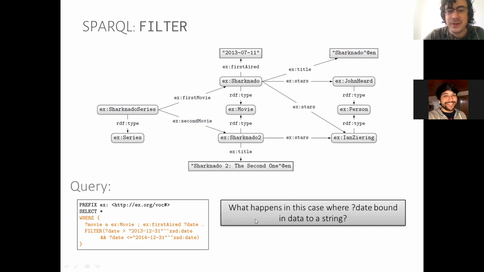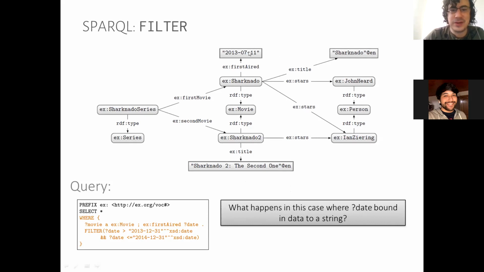So you might ask, first of all, what happens in this case, where we're comparing date with an actual XSD date? This we can do, so we have some sort of ordering over dates. We have to be a little bit careful with time zones, but okay. So we can apply this sort of condition here. But what happens if we have an incompatible value in a solution?